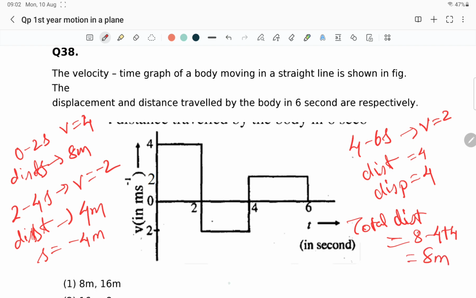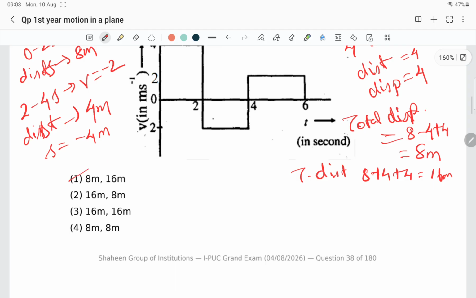Answer is 8. Similarly, total distance you can calculate: 8 plus 4 plus 4, that is 16 meters. So our option is option number 1, 8 and 16.